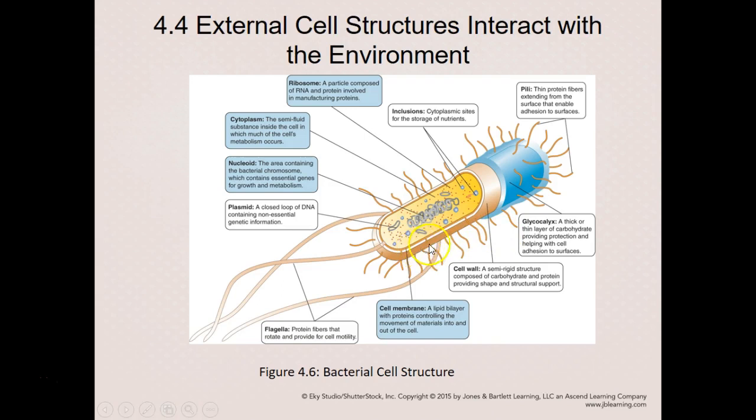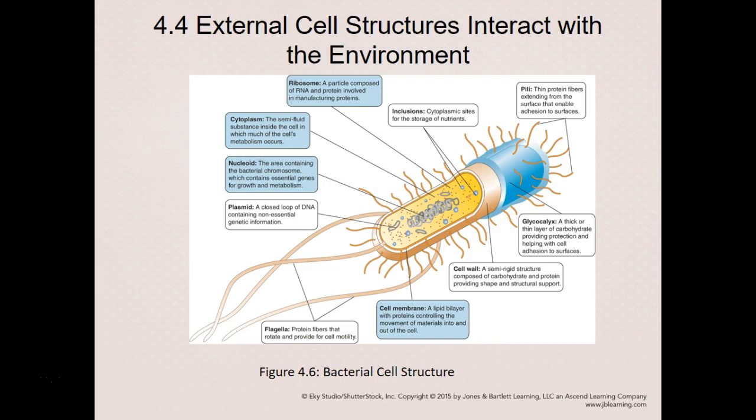The cell wall. Almost all bacteria have a cell wall. The cell wall contains proteins and carbohydrates, and that's one of the major things that helps us to differentiate bacteria from archaea from eukaryotes. And surrounding the cell wall, a lot of bacteria have a sugar coating or a glycocalyx.